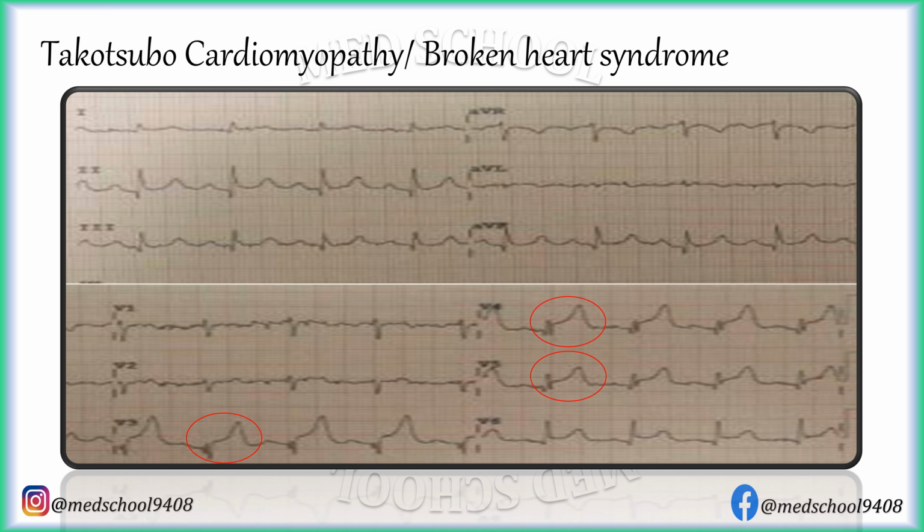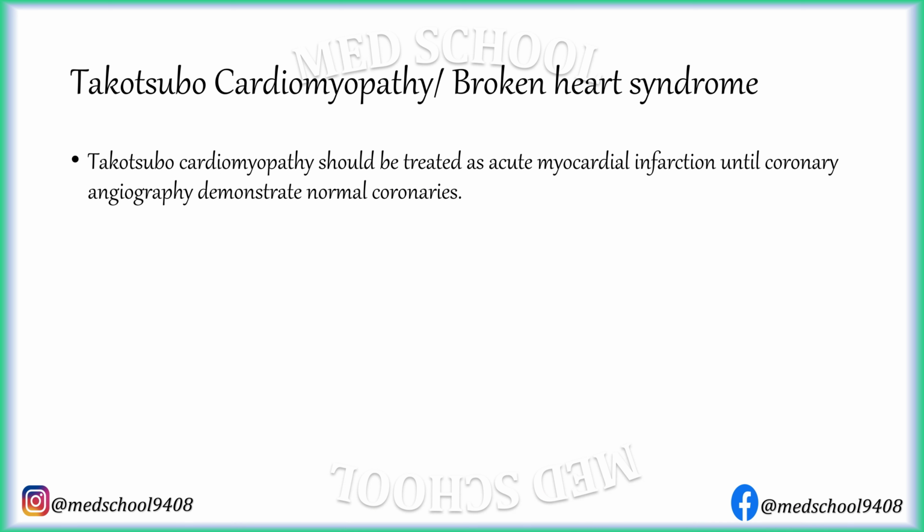There is ST elevation in lead V3, V4 and V5. It is very difficult to differentiate stress cardiomyopathy from acute MI on ECG. Therefore, Takotsubo cardiomyopathy should be treated as acute myocardial infarction until coronary angiography demonstrates normal coronaries.